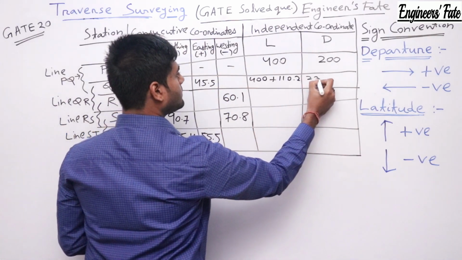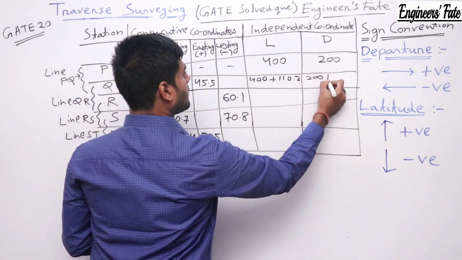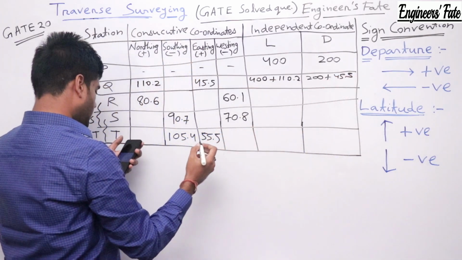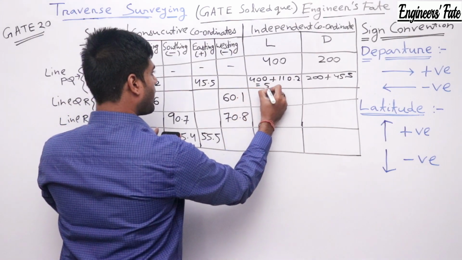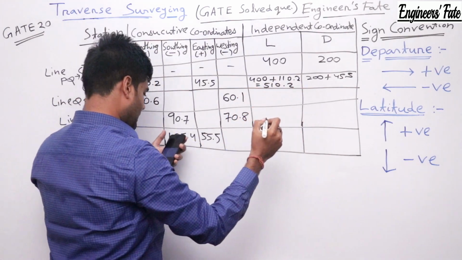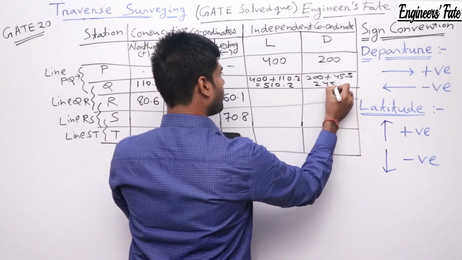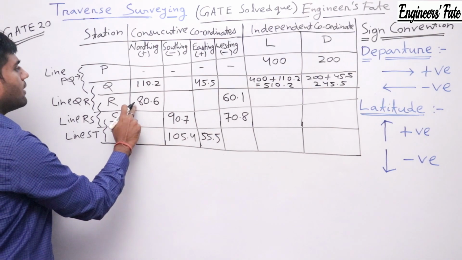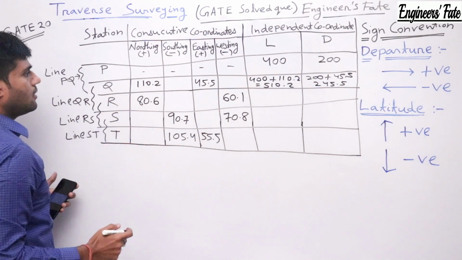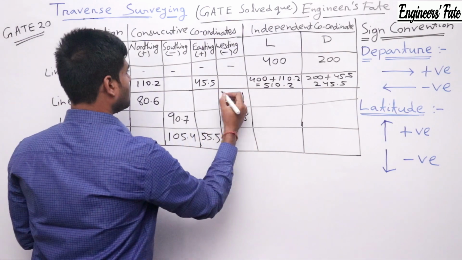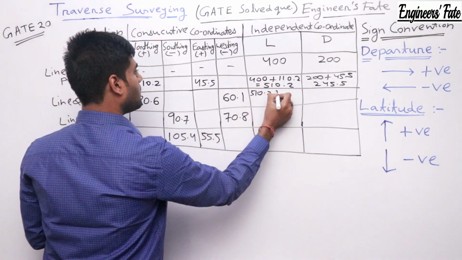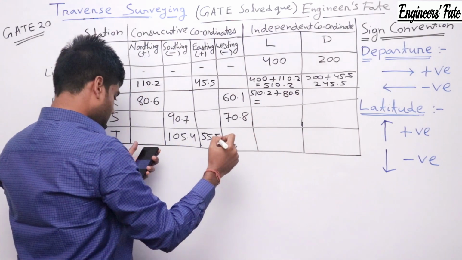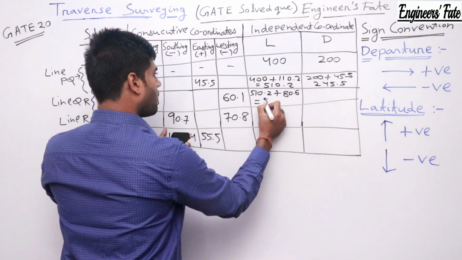So 200 plus 45.5, and this value will come as 510.2, and this will come as 245.5. Now again the independent coordinate of this station: northing means this 510.2 plus 80.6, so this will come as 590.8.